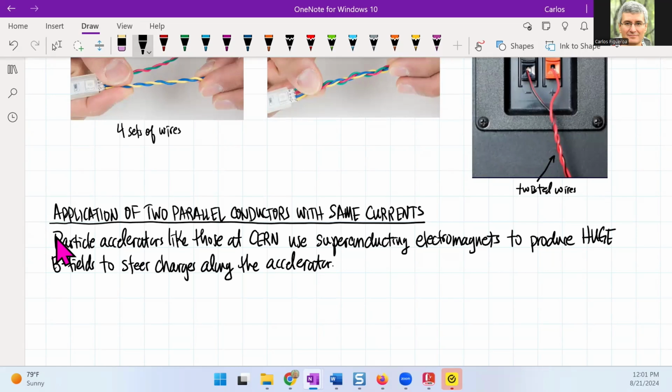So when we talk about steering protons in this case, we're applying a magnetic force.